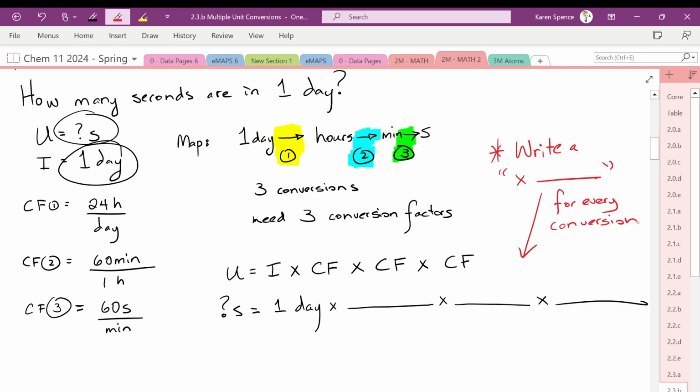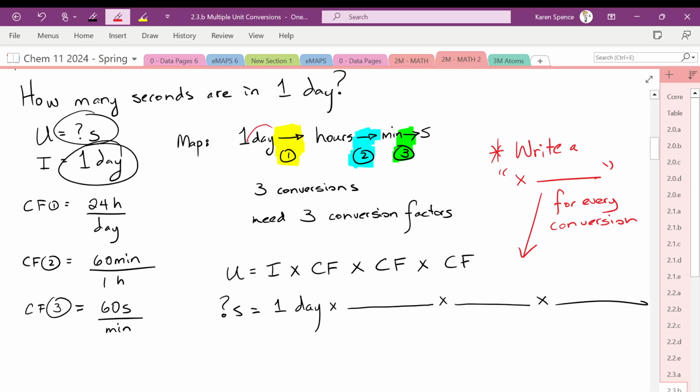So write times line for every conversion. Second thing I would do is I would put in my units. I wouldn't necessarily even put in the numbers. I would just put in the units.